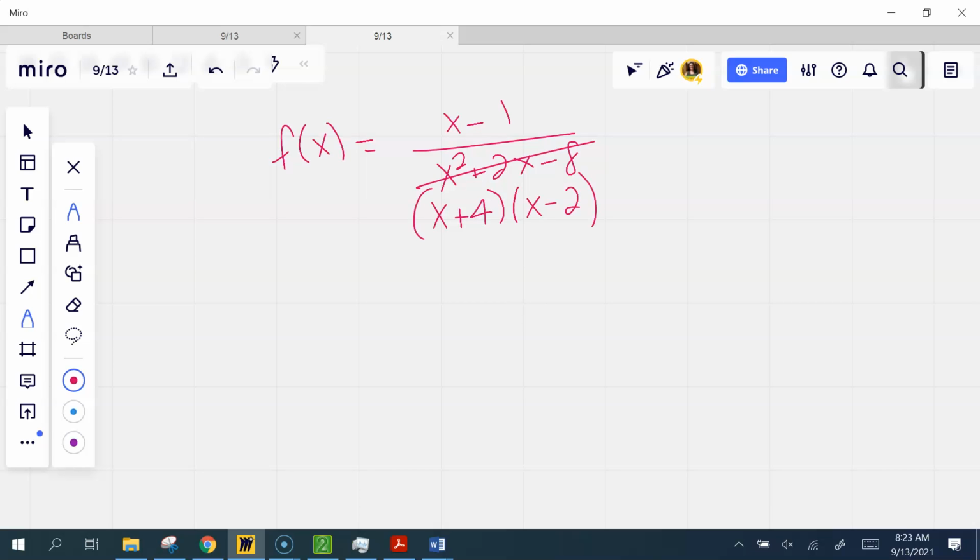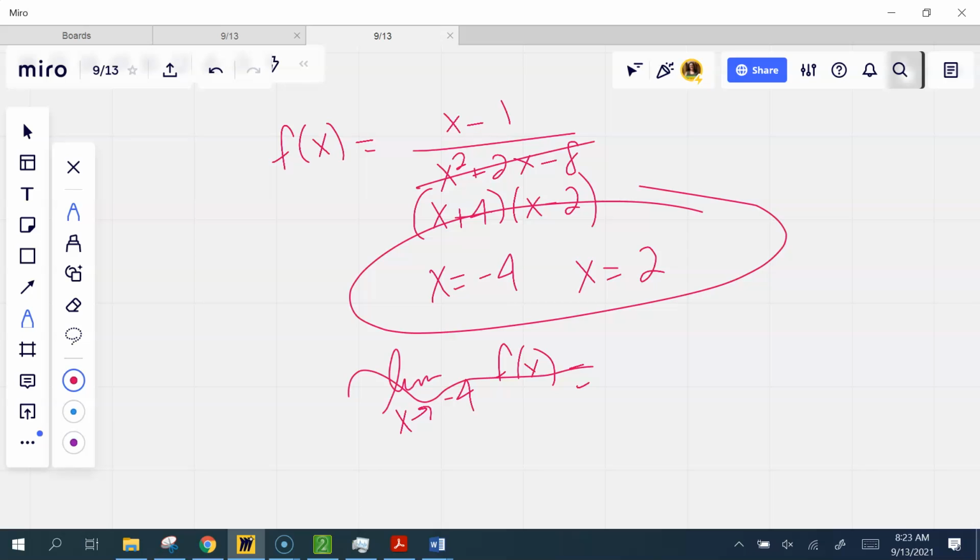Nothing cancels here. And so I get negative 4 and 2. If I needed to prove that with limits, I would say that the limit as x approaches negative 4, and I should see that that goes to either positive or negative infinity. But it didn't ask me to do all that. It just asked me to find them algebraically, which there you go. That's all you had to do.